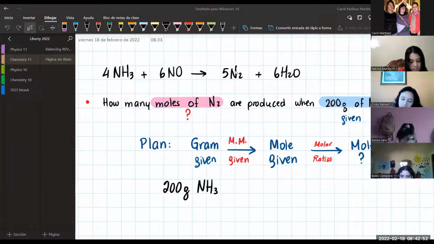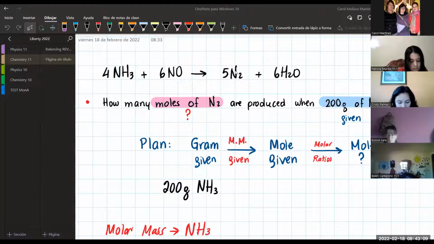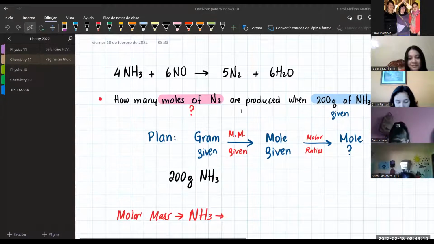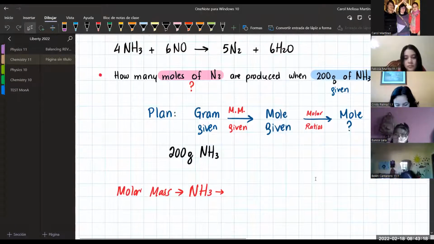We did it in class yesterday, but just in case you still don't know how to get molar mass, this is the procedure that you do. We have a substance that is NH3.